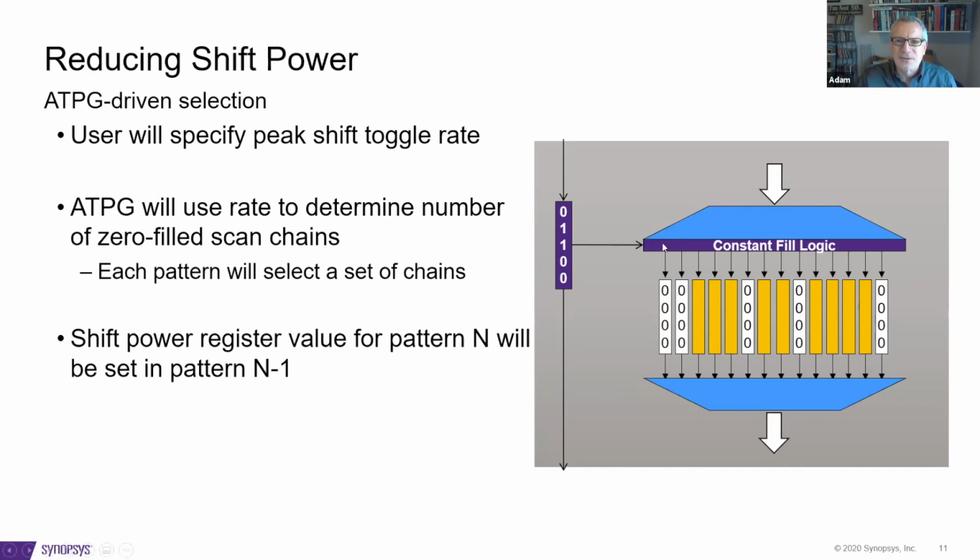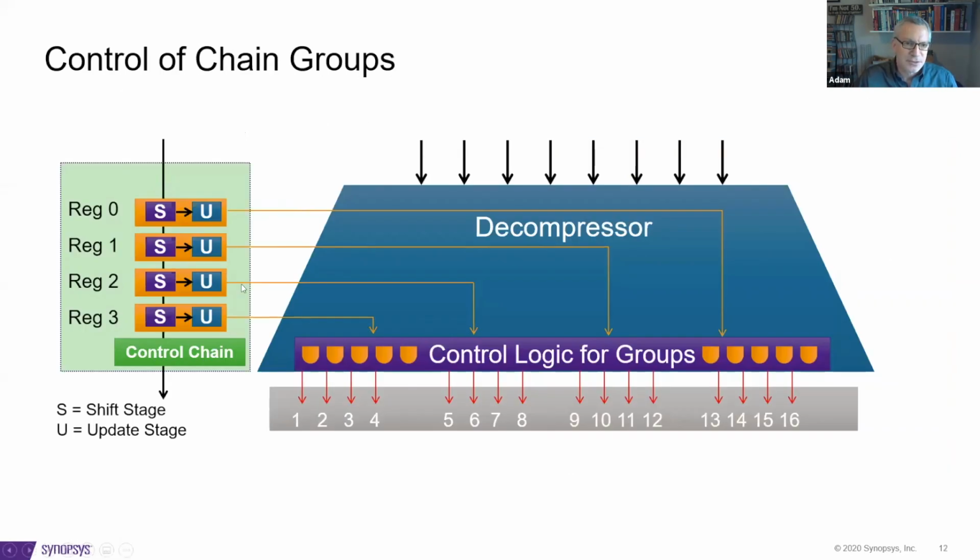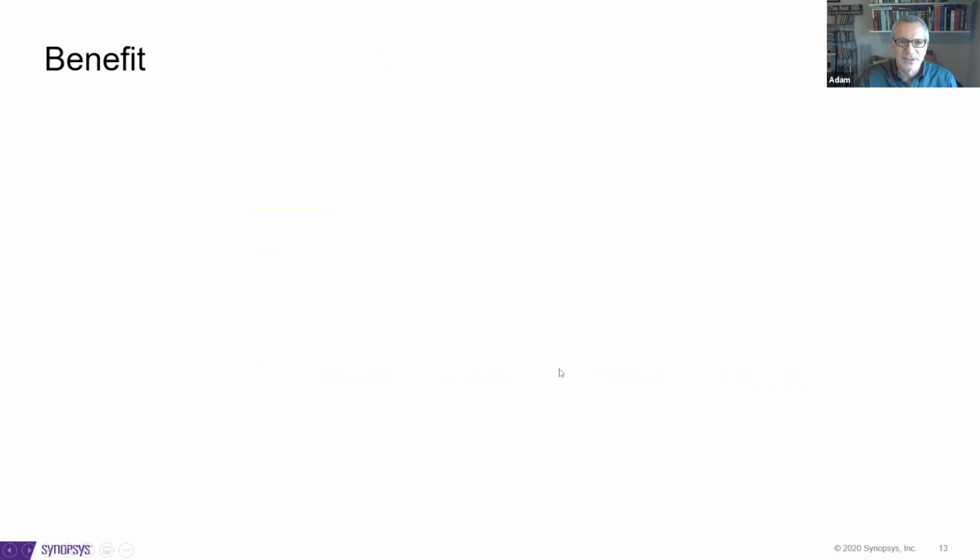It's typically done for compression type logic where you don't have direct access to all your data going into the scan chains. So this would have a shift register and an update cell, and the update holds during the particular shift operation so that you can shift in a new value for the following vector to work with during shift, to help block these scan chains that you might have selected.